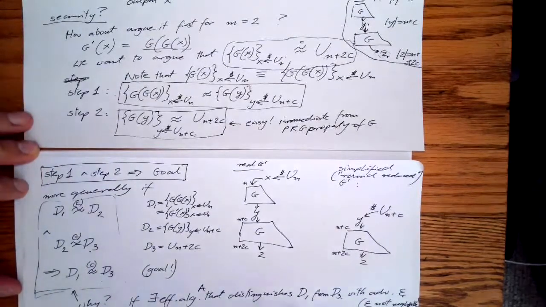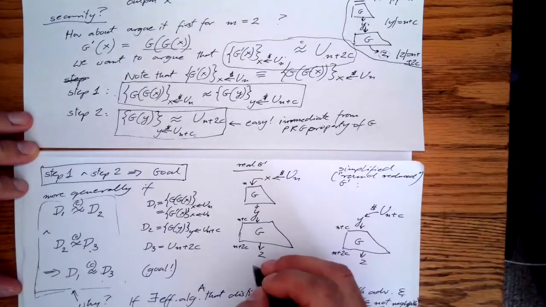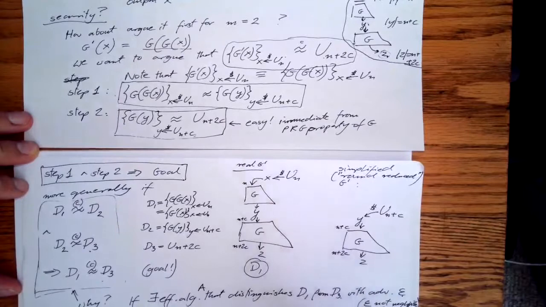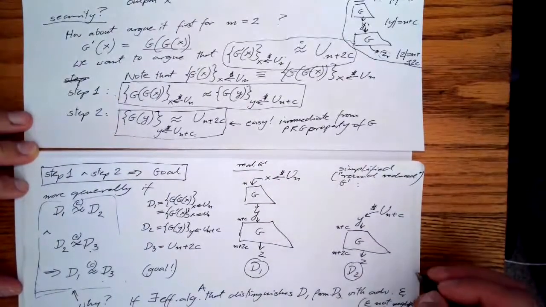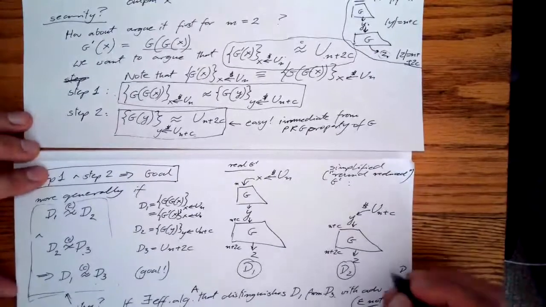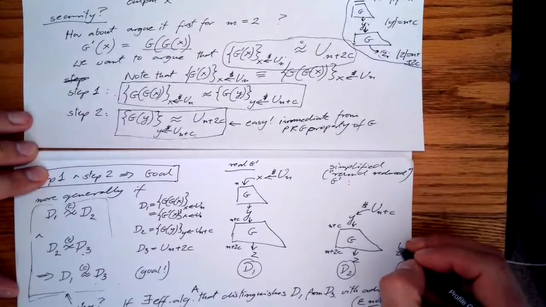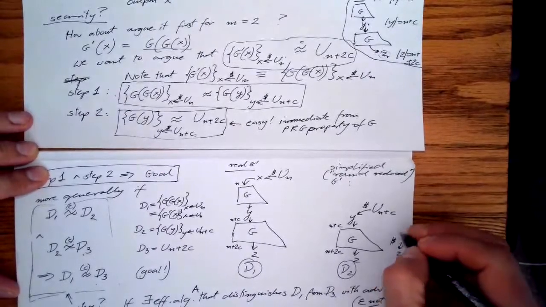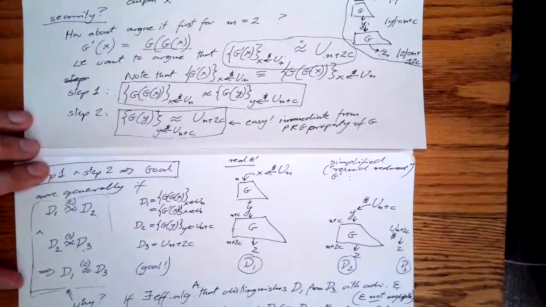So this is the D1 distribution I have. This is the D2, and the D3, which I didn't draw, I just take Z with nothing, so just completely random from the prescribed range.